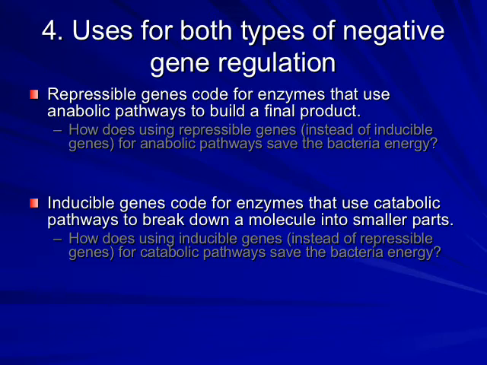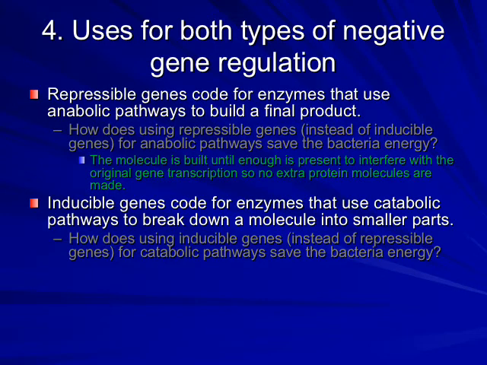The repressible genes code for enzymes that use anabolic pathways to build a final product. How does using repressible genes for anabolic pathways save the bacteria energy? The molecule is built until enough is present to interfere with the original gene transcription, so that no extra protein molecules are made. That's repressible genes.